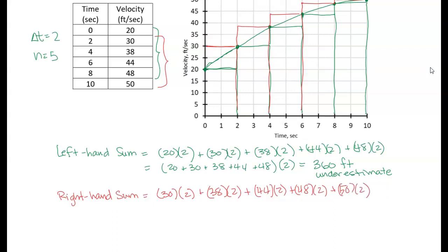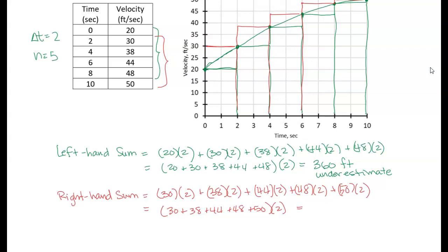Okay, now again, I'm just writing that all out just to show you that what I'm doing is multiplying height times width to get areas of rectangles and adding them. But if I was going to calculate this, I would just take 30 plus 38 plus 44 plus 48 plus 50, and then take it times 2. So basically what I'm going to do is factor the 2 out. I'm going to add up all my velocity values and take it times 2. It's just easier to put it in the calculator that way.